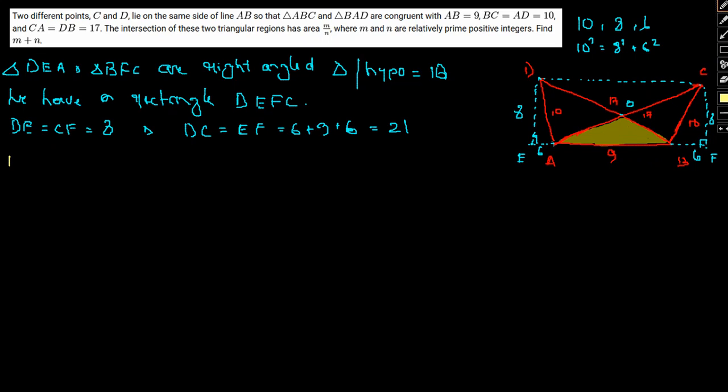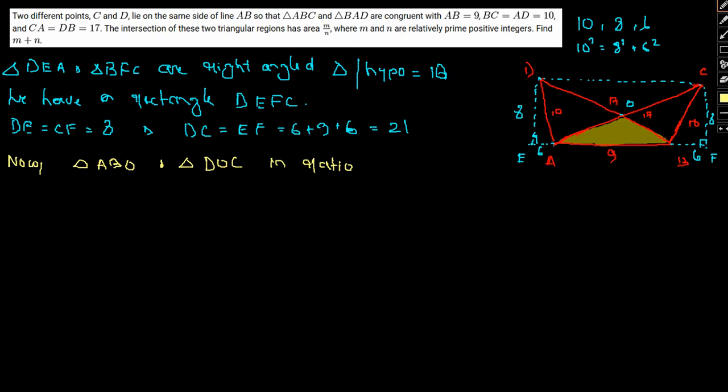Now triangle ABO and triangle DOC are basically in ratio.